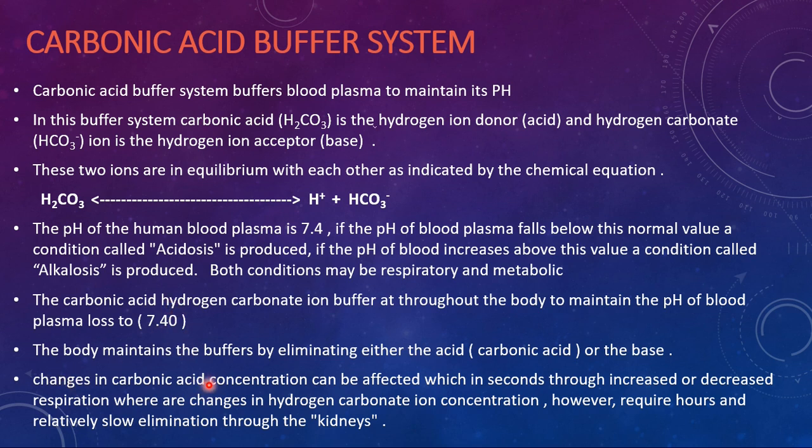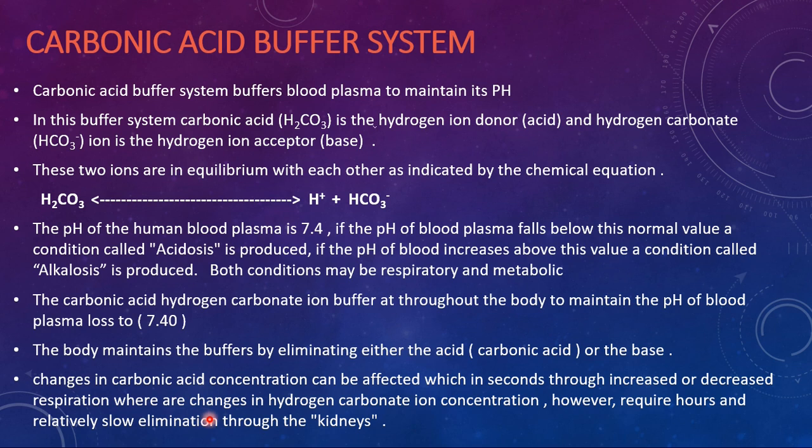Changes in carbonic acid concentration can be affected within seconds through increased or decreased respiration. That means if you have more carbonic acid in your body, you will breathe faster, so you will inhale more oxygen, which will balance this.